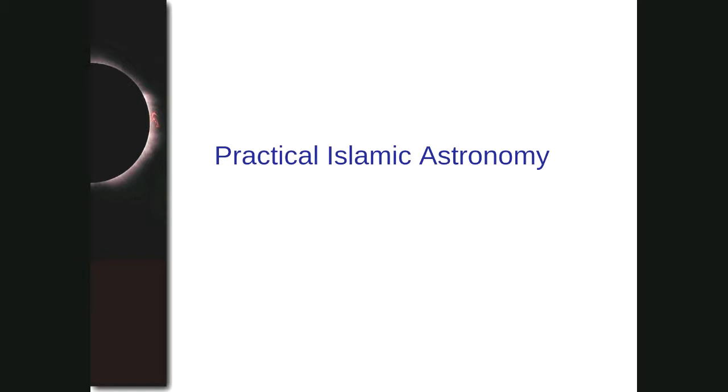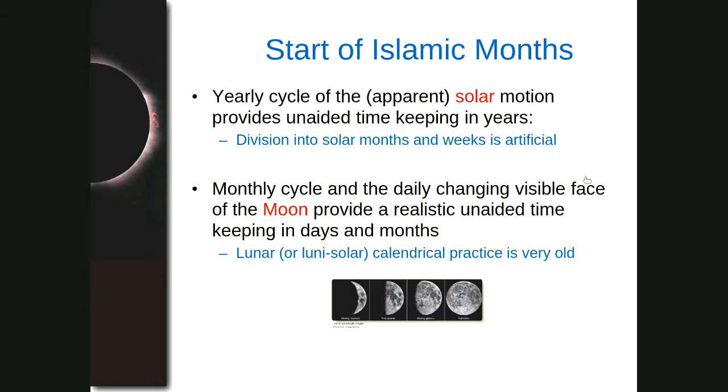Okay. So now, when we want to make a calendar, you have the yearly cycle, the apparent solar motion, which provides you with unaided timekeeping. That means you're just looking at the sun and you want to know the cycle of the year.